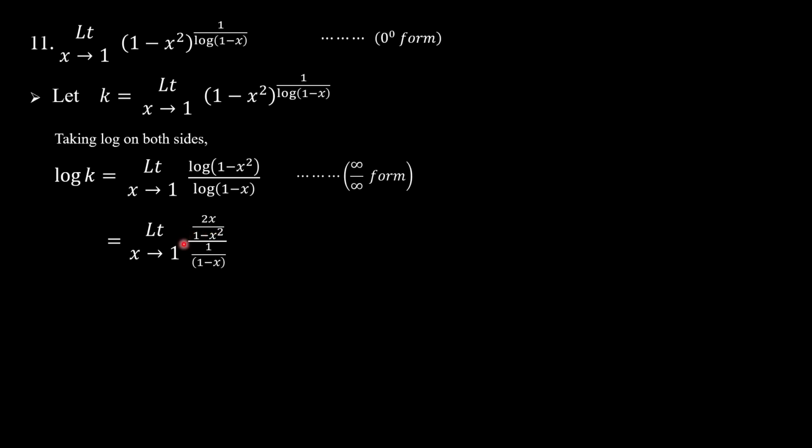But 1 minus x square can be written as 1 minus x into 1 plus x. Therefore, log k is equal to limit x tending to 1 of 2x by 1 plus x. As x is tending to 1, log k will be equal to 1, which implies k is equal to e.